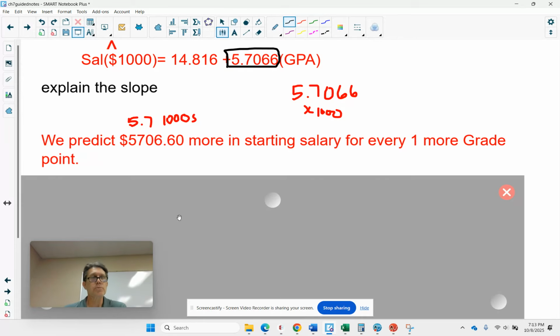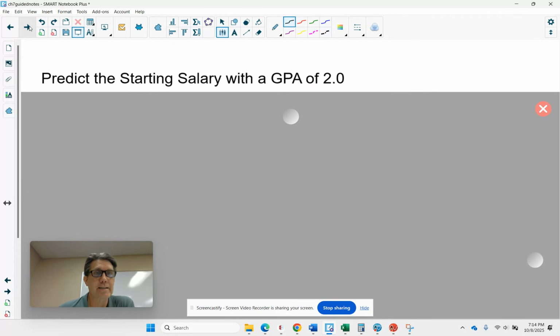Okay, so that's where it's a little bit tricky, because when you define the slope or define the answer, you have to remember that these things are being predicted in thousands of dollars. So you either need to say it's 5.7 thousands, or you need to multiply it and you need to get $5,706.